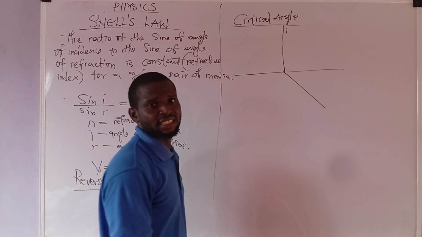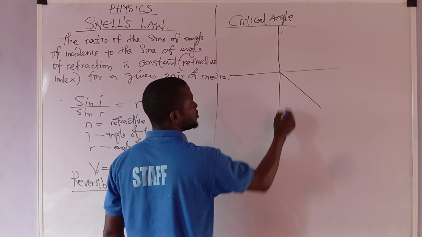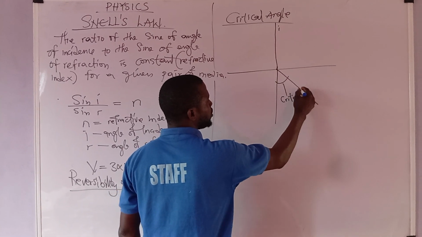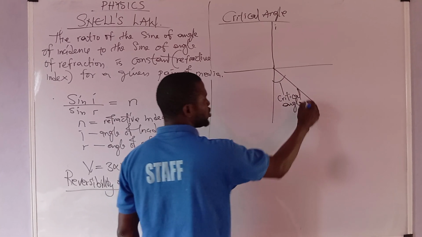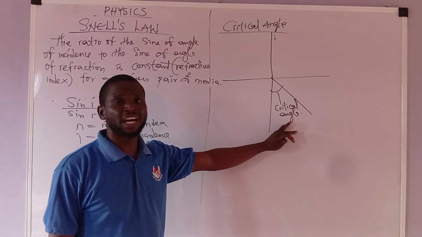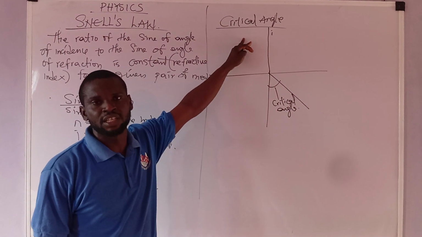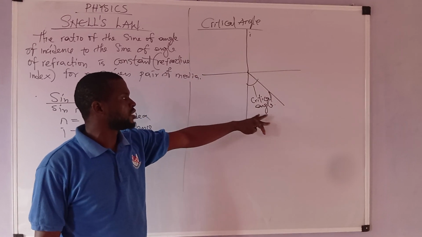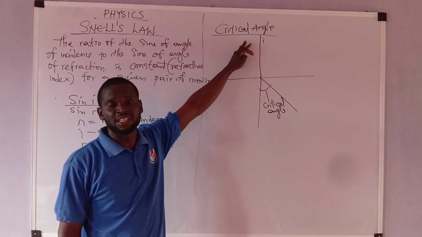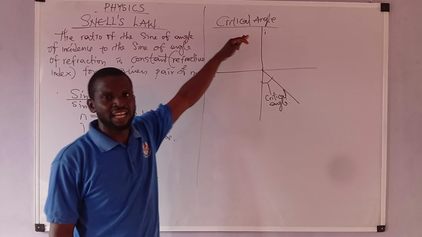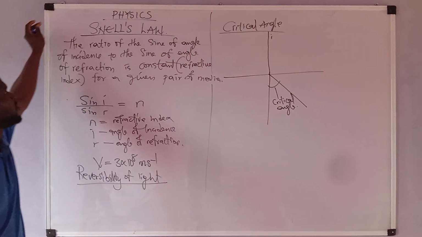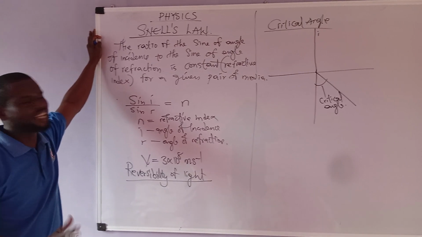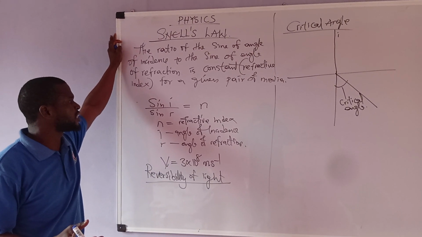So the critical angle is the angle of refraction when the angle of incidence is 90 degrees. And these are the basic principles that govern Snell's law and refraction of light waves generally.